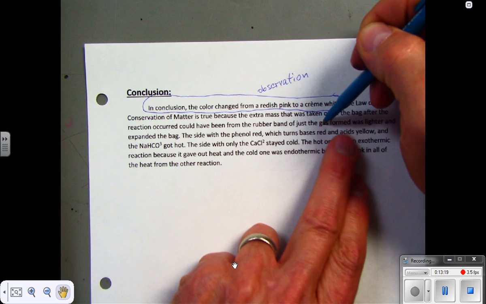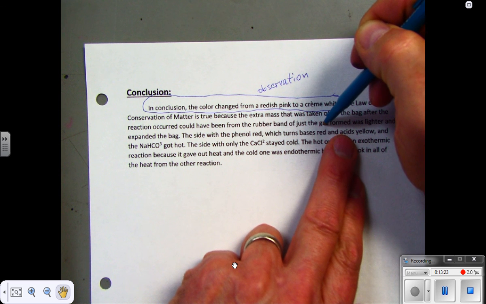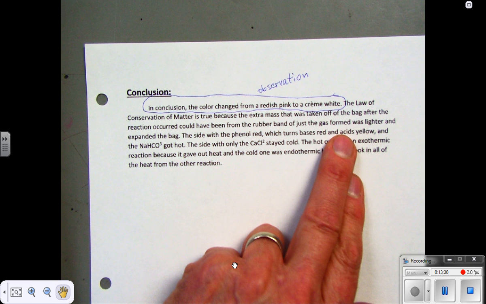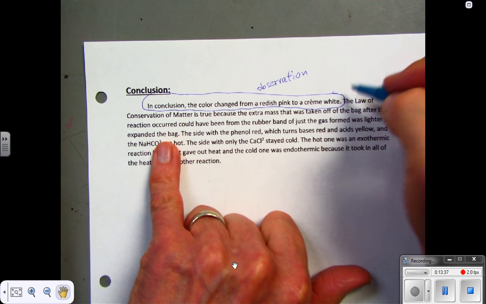Okay, he is explaining why did that thing get lighter? Yeah, okay. That could have been the rubber bands. If you used rubber bands on your pre-weight, that can do it. So that's a reasonable explanation.